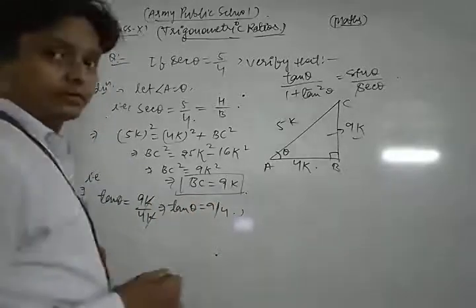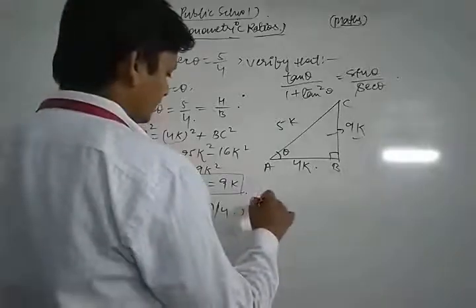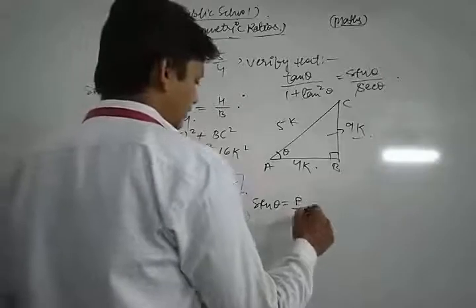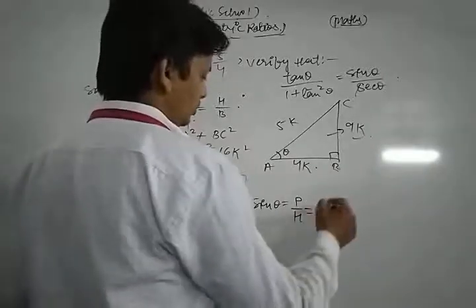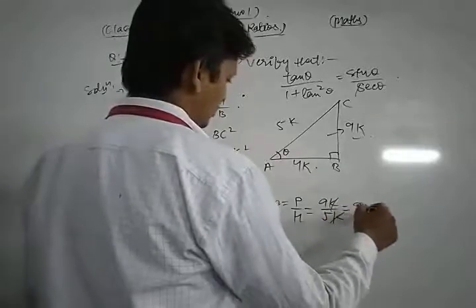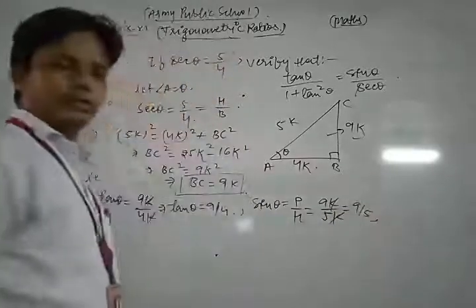Sin theta is what? Perpendicular upon hypotenuse. So this is 3k upon 5k, k cancel, so 3 by 5.